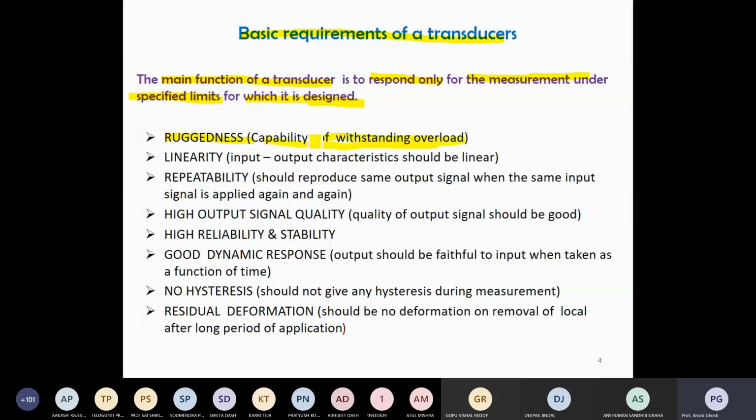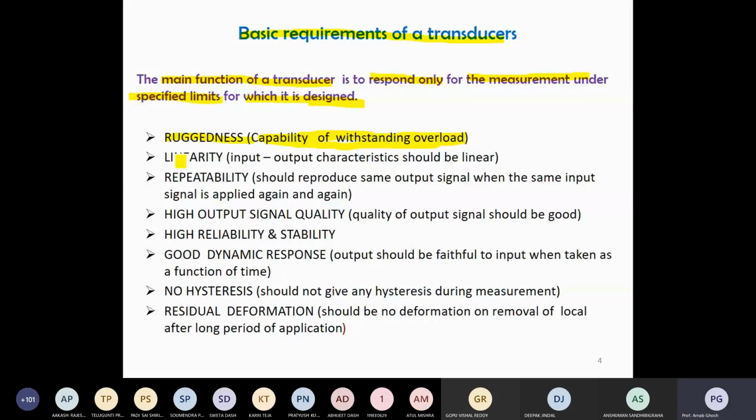Then linearity, the range of operation. I have discussed linear applications a lot of times; you need to see the characteristics and how much variation there is in the linear zone of operation. That you have to calculate.